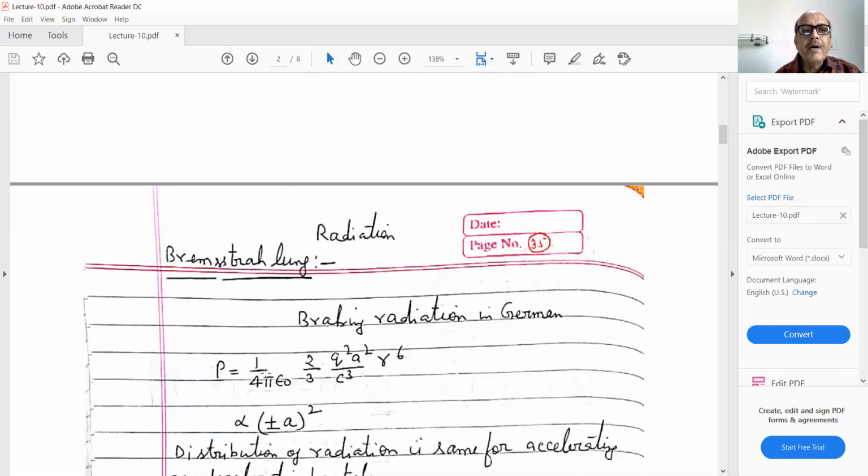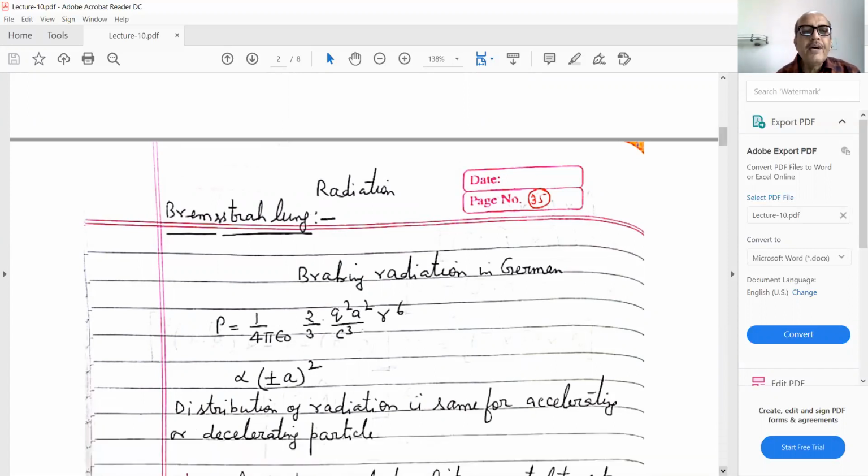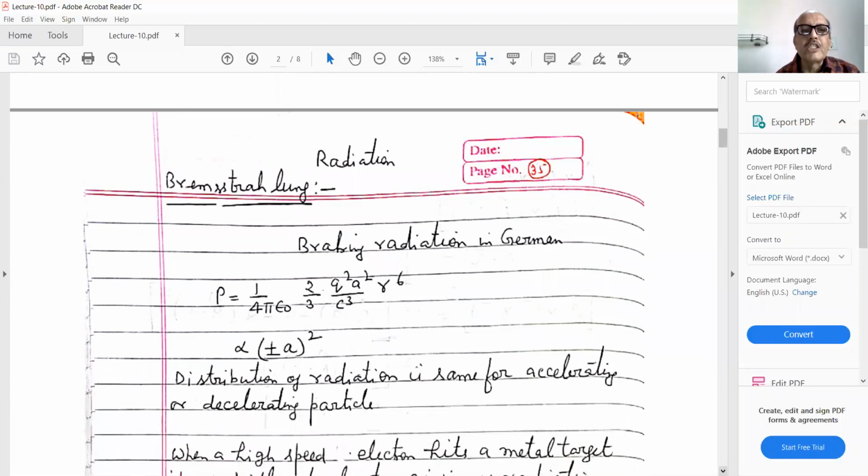The power radiated by a point charge is given by the formula 1 upon 4 pi epsilon 0, 2 upon 3 q square a square upon c cube, and gamma to the power 6 appears if the particle is moving with relativistic speed. As I told you earlier, the power is proportional to the acceleration square.